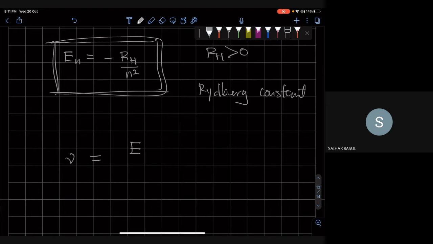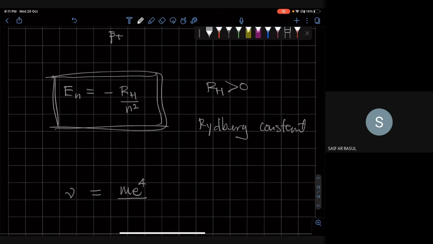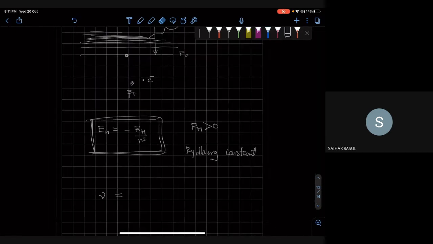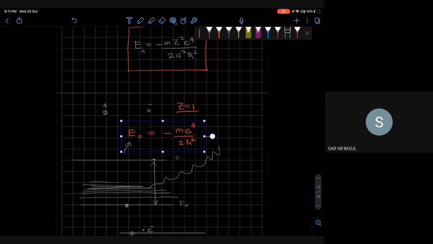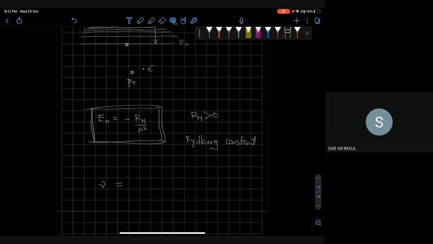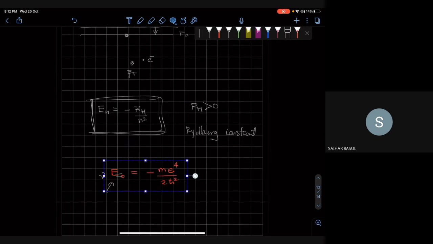It's going to be given by m e to the fourth divided by... Let's see. If I just go to this formula, where's my formula? Here, right? So this is it, copy this and paste.